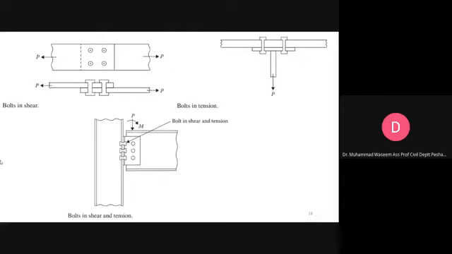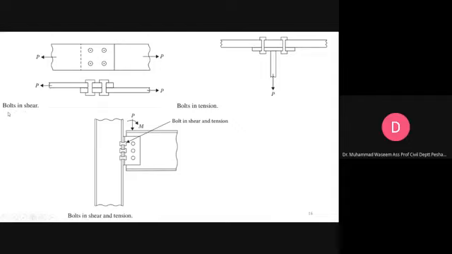Now, when we talk about steel connections, steel connections are formed by three types of fasteners. We discussed that: rivets, bolts, and welds. In this slide, you will see the different forces which are acting through the connection.